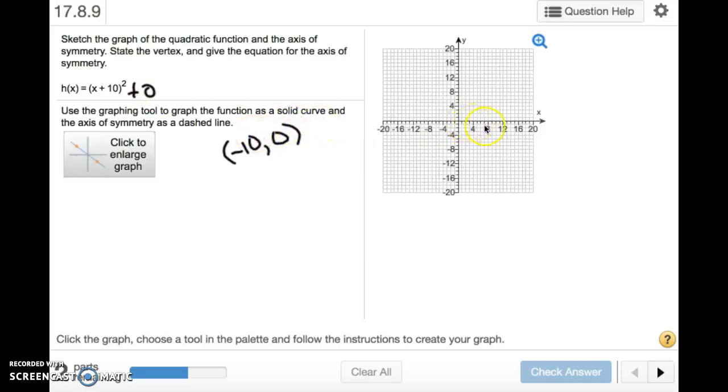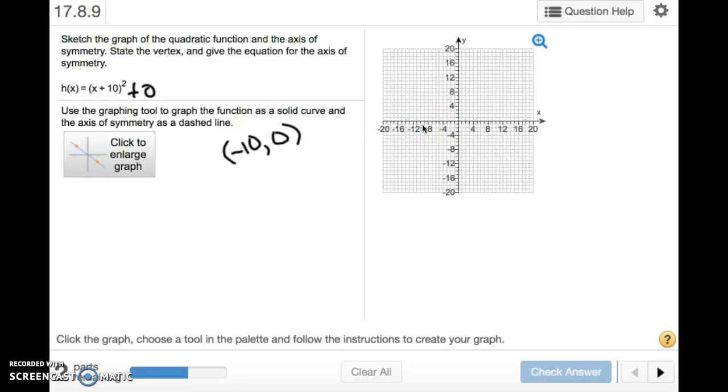And I'm going to go ahead and find some other point on this graph so that once I get ready to graph it, I have both points. So I'm going to be at negative 10. I need some other point that's going to be on the graph. So if I'm at negative 10, 0, I'm going to pick some other point close to negative 10.